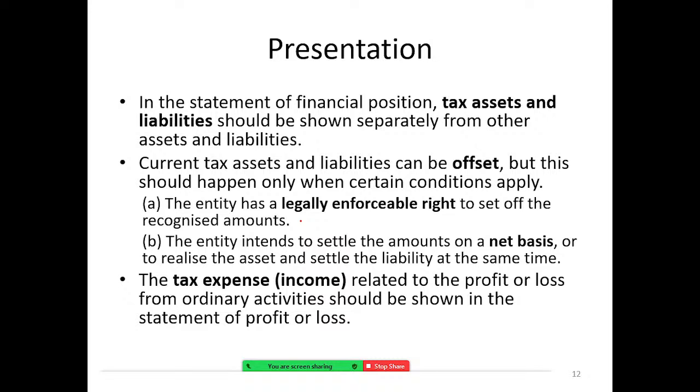The tax expense or tax income relating to the profit or loss from ordinary activities should be shown in the statement of profit or loss account, not in other comprehensive income.